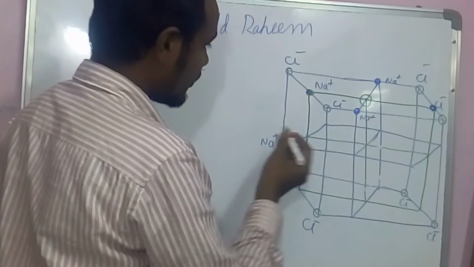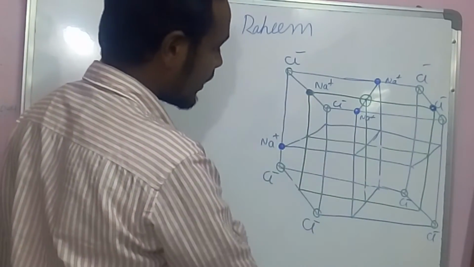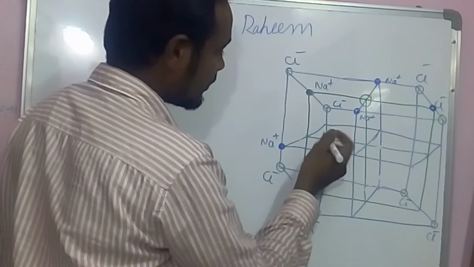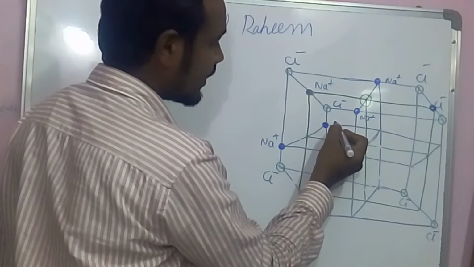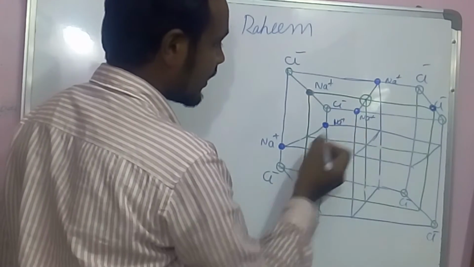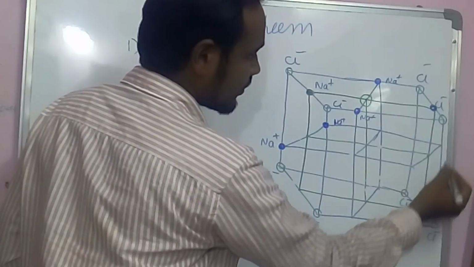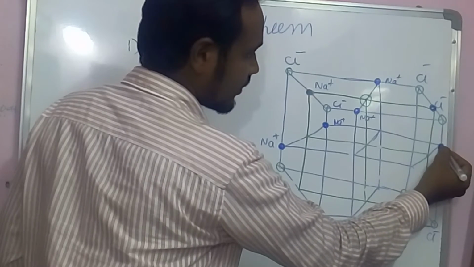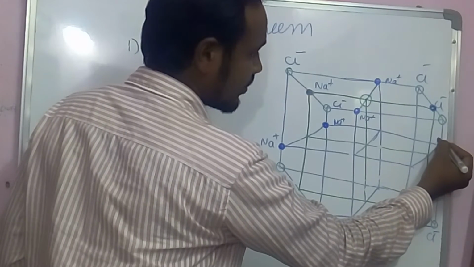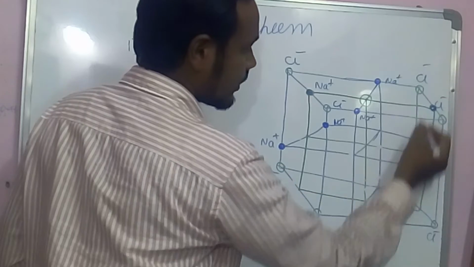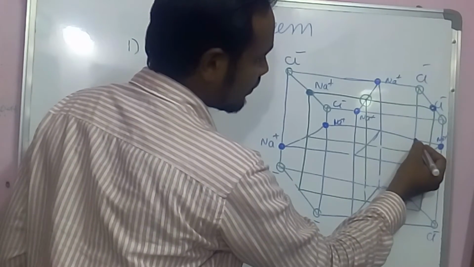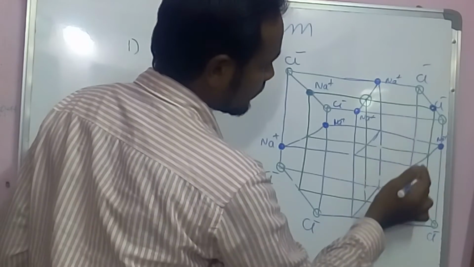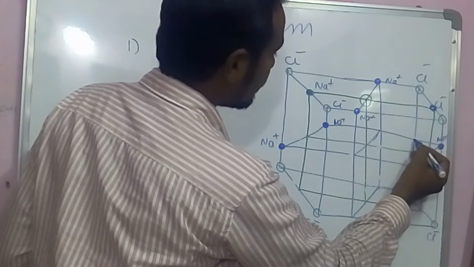Now here once again observe the corner atoms. In between, I am placing one filled atom. The filled atom is indicated with Na plus, right? Corner atom, in between one filled atom, Na plus. Here I placed Na plus.